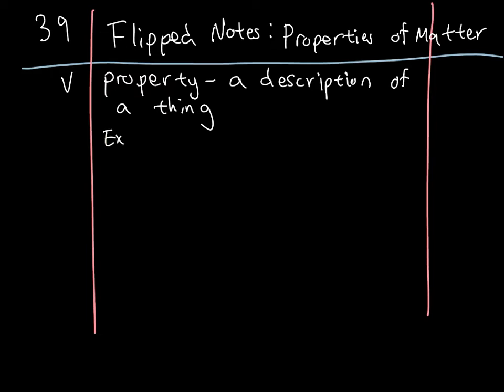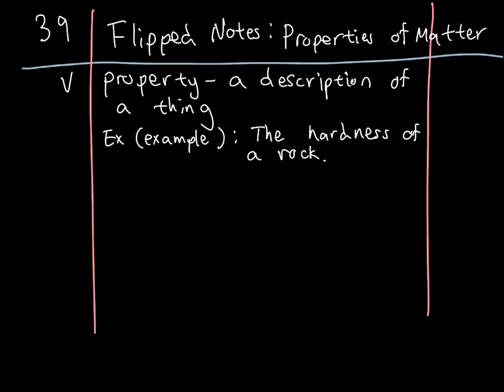I'm going to write EX, but just for the first time, I want you guys to know that it stands for example. An example is, let's say, the hardness of a rock. So in this case, the hardness is a property of the rock. So it's a description of something about the rock.